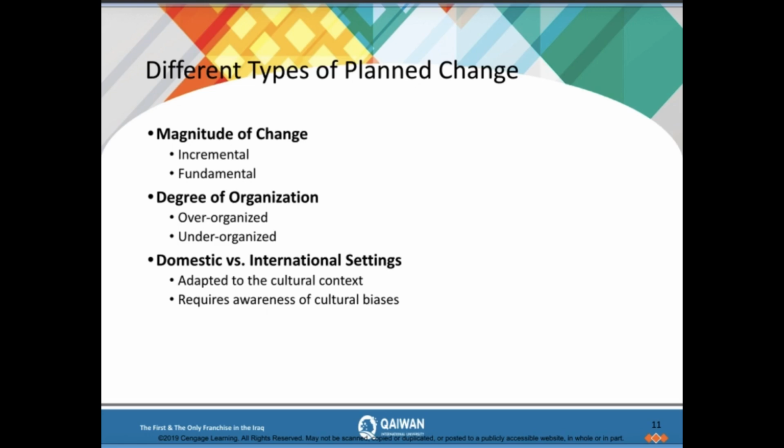But the under organized are more flexible and more informal, where change can happen faster but may need more coordination to avoid stress. And the last one is domestic versus international setting.